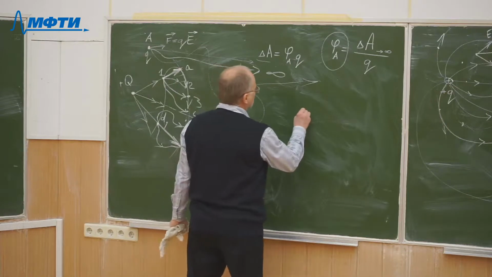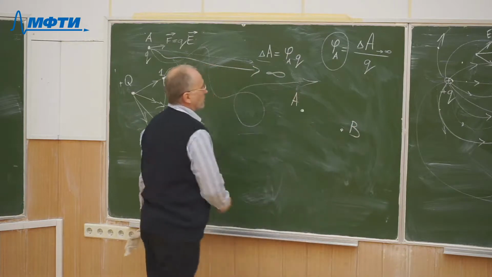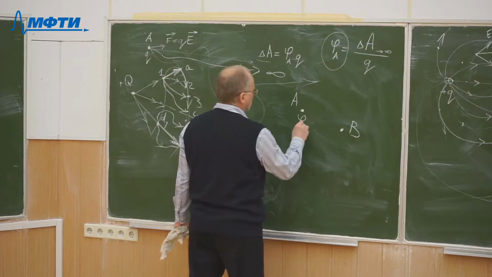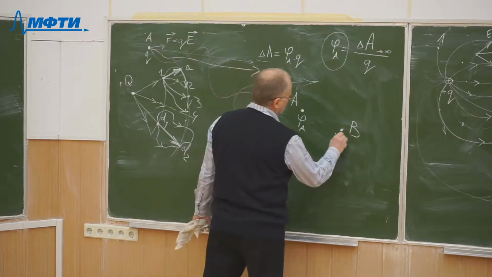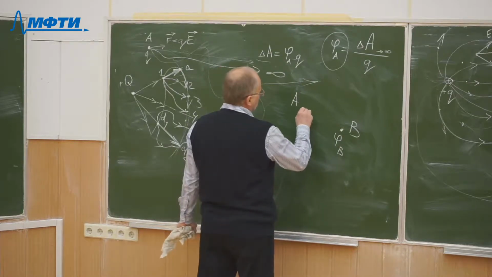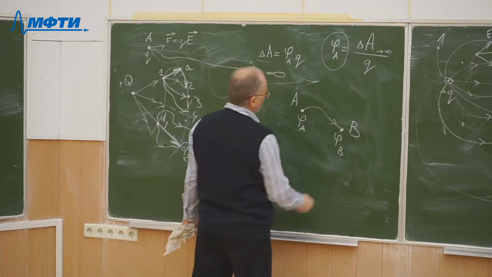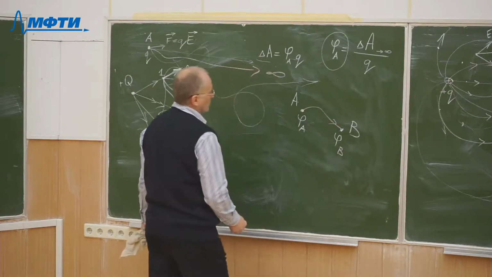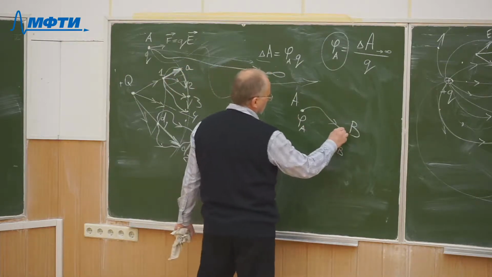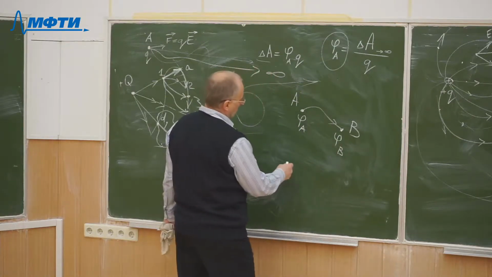If we have 2 points A and B in an arbitrary electrostatic field, then in the first point we have a field potential phi A, and in the second point we have field potential phi B. And if we move a probe charge from one point to another, then the field will perform some work. And this work is proportional to the potential difference, the potential in one point and the field potential in another point.